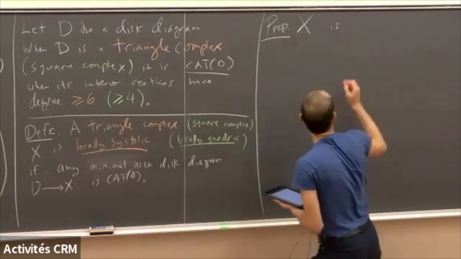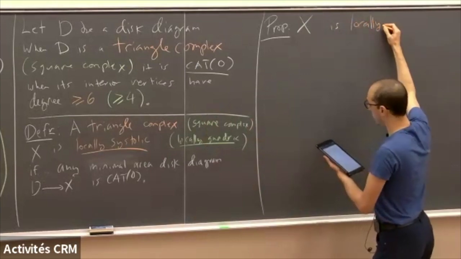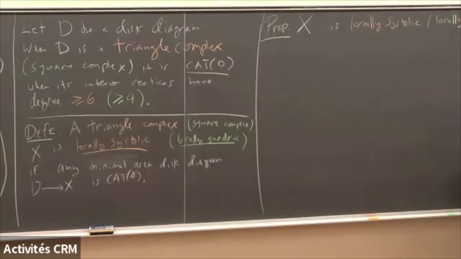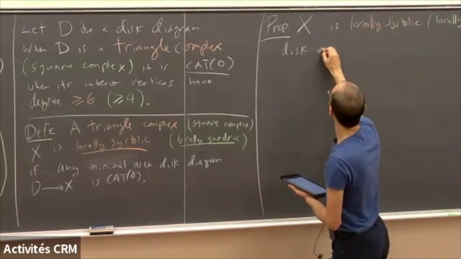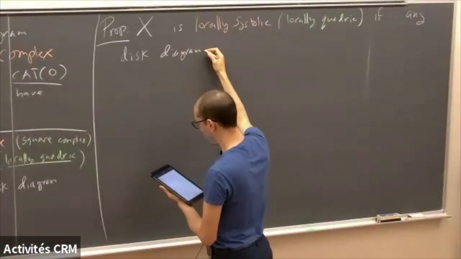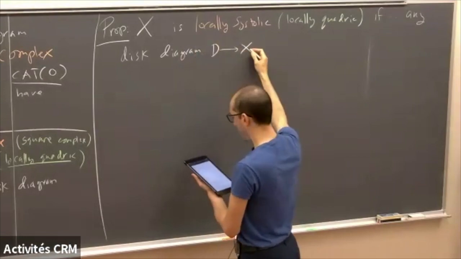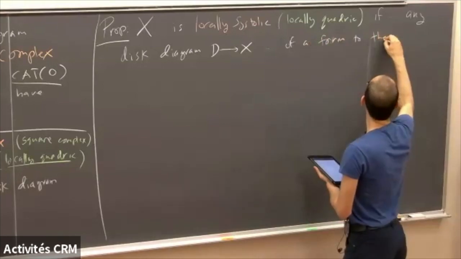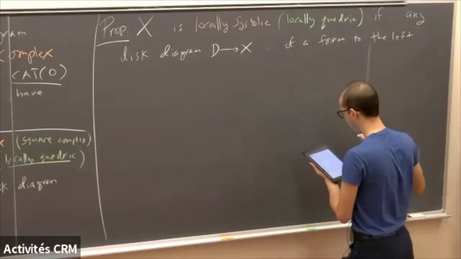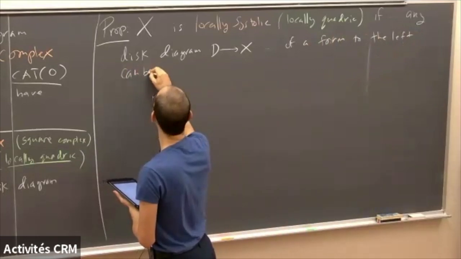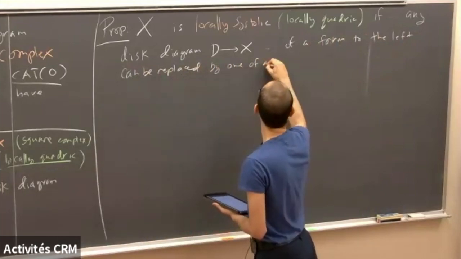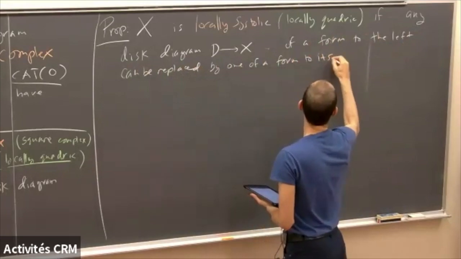X is locally systolic, locally quadric, if any disk diagram D in X of a form to the left below can be replaced by one of a form to its right.